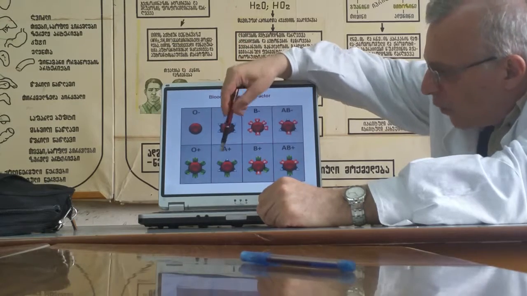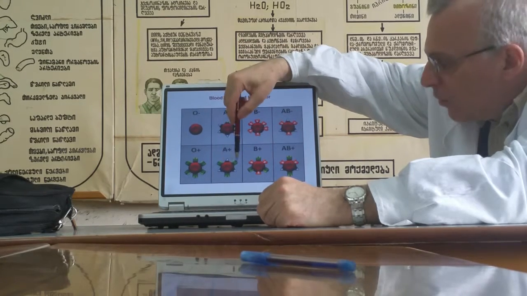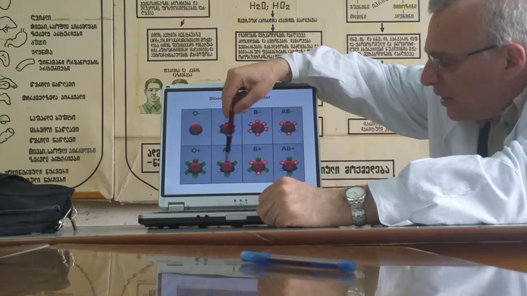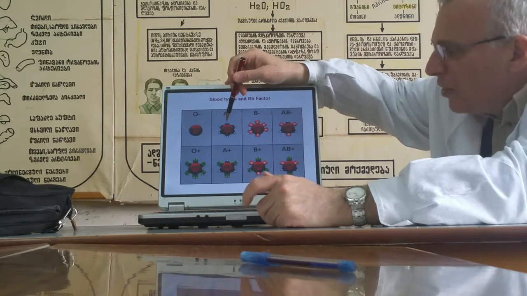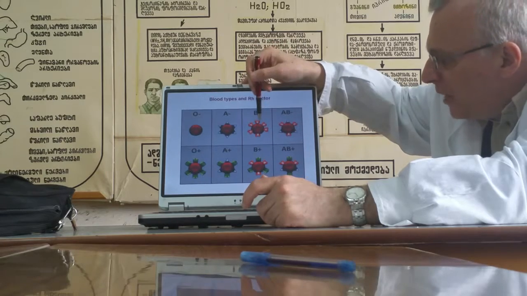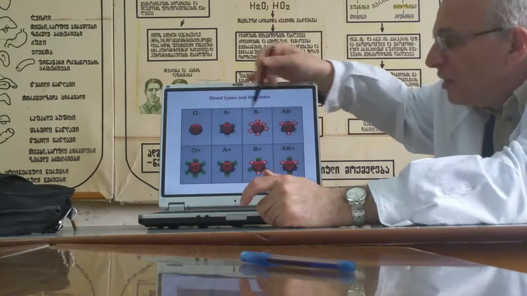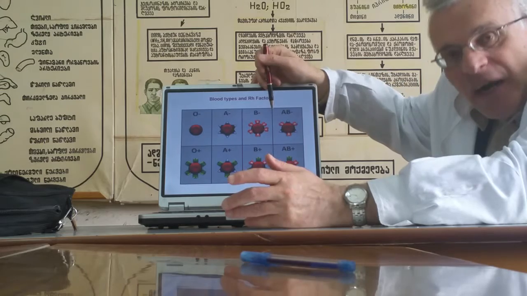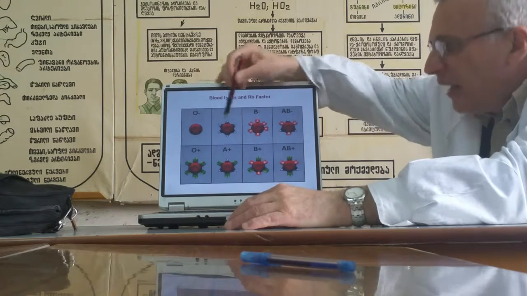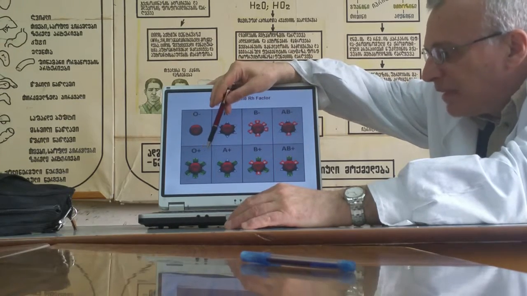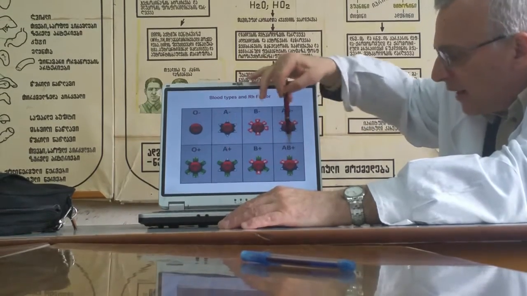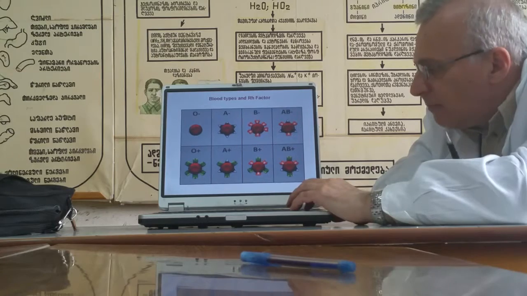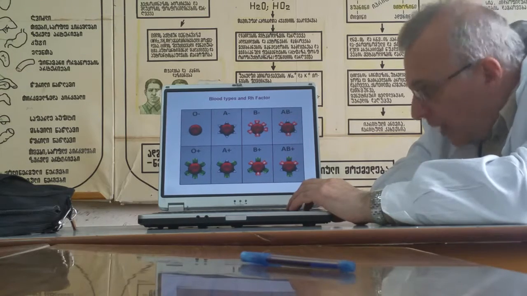The small green one is bound to erythrocytes, along with agglutinogen A, agglutinogen B, both agglutinogens, or none. These are the groups with no rhesus factor, and these four groups are the same but with the rhesus factor. AB negative is really rare.